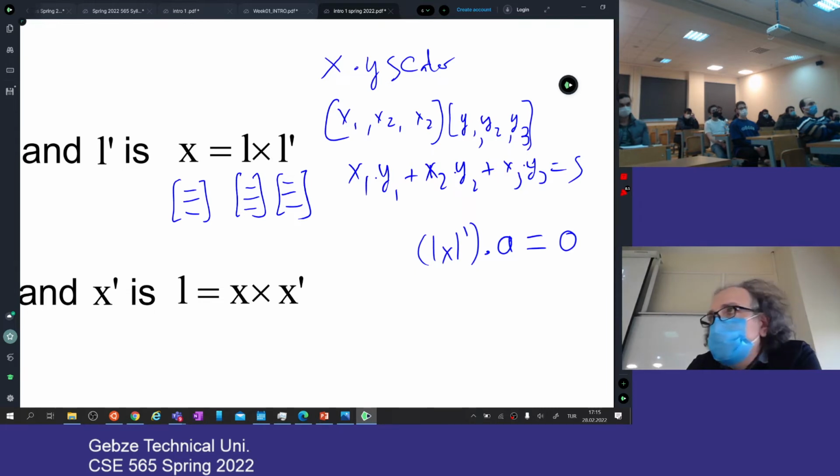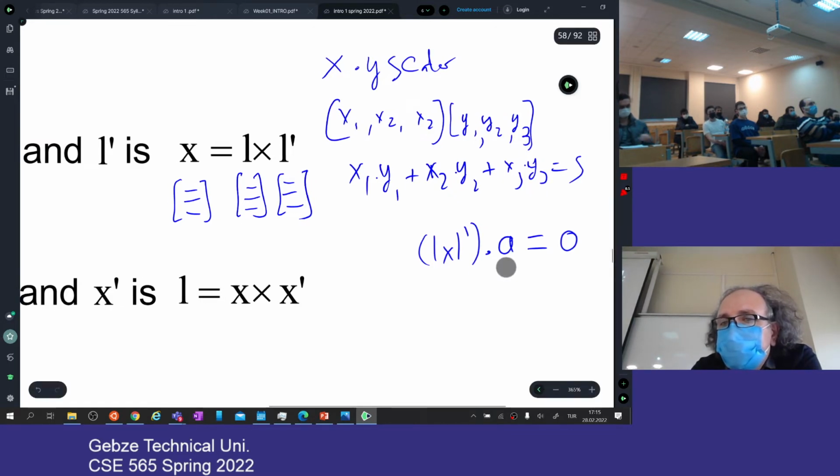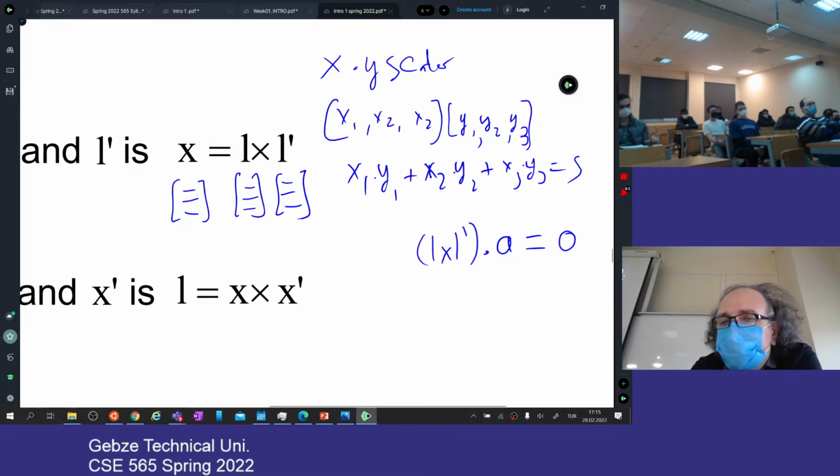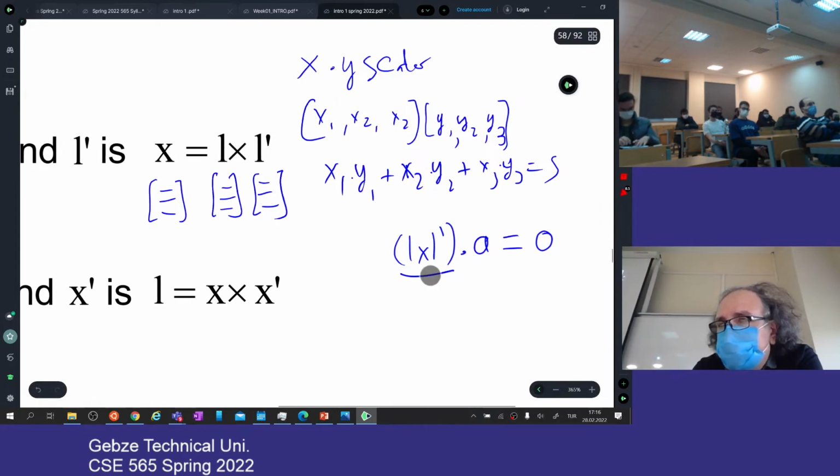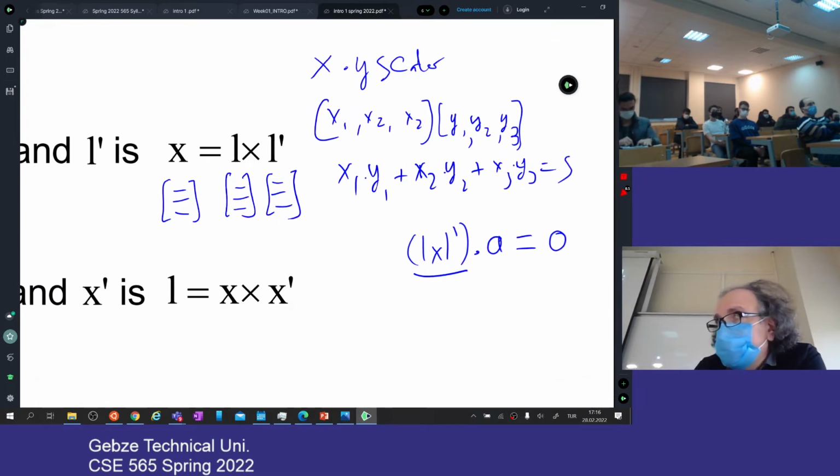Every three-dimensional vector is a point in the homogeneous coordinate system. If I multiply this A with this three-dimensional vector, what does that mean? Well, this must be a line, and this A is on that line, right? I can interpret it that way.